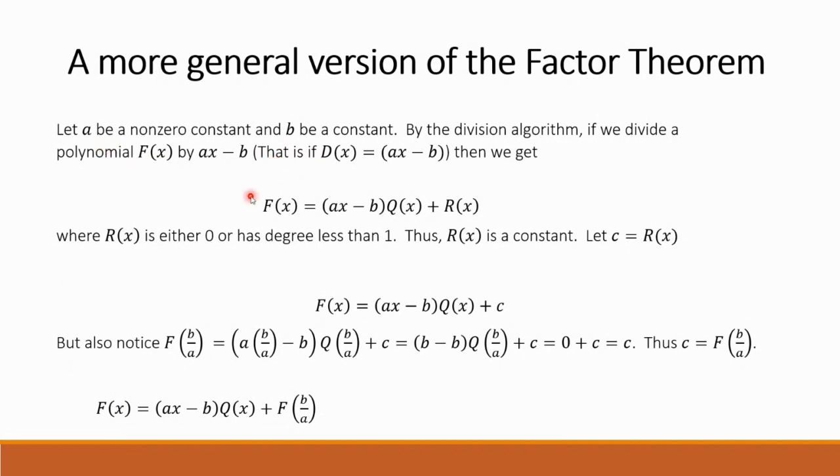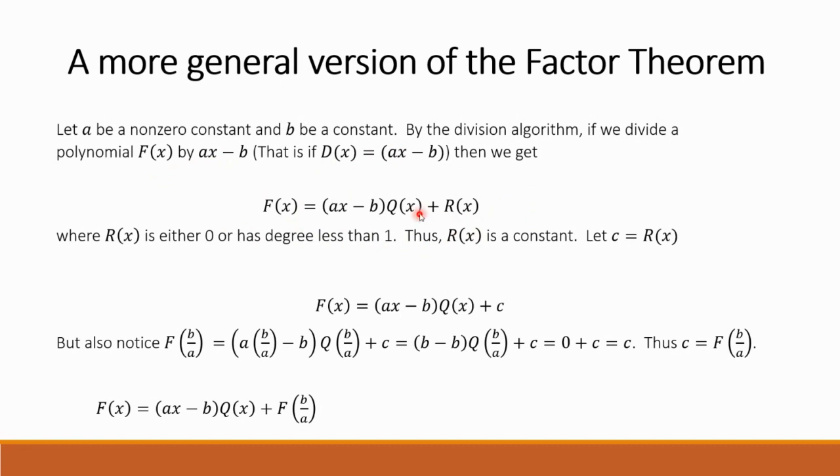In particular, if we have a non-zero constant a and a number b, they're constants, and if we take D of x to be a times x minus b, and we're dividing capital F by that, then by the division algorithm, there'll be two unique polynomials, Q of x and R of x.